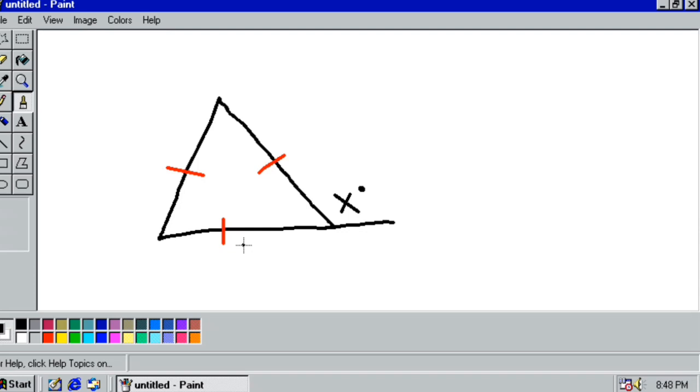As I said earlier, every angle of an equilateral triangle is 60. So that means this is 60, 60, and this is 60. And this is a straight angle right here. So we're going to do 180 minus 60, which is 120. So that means our x is 120 degrees.